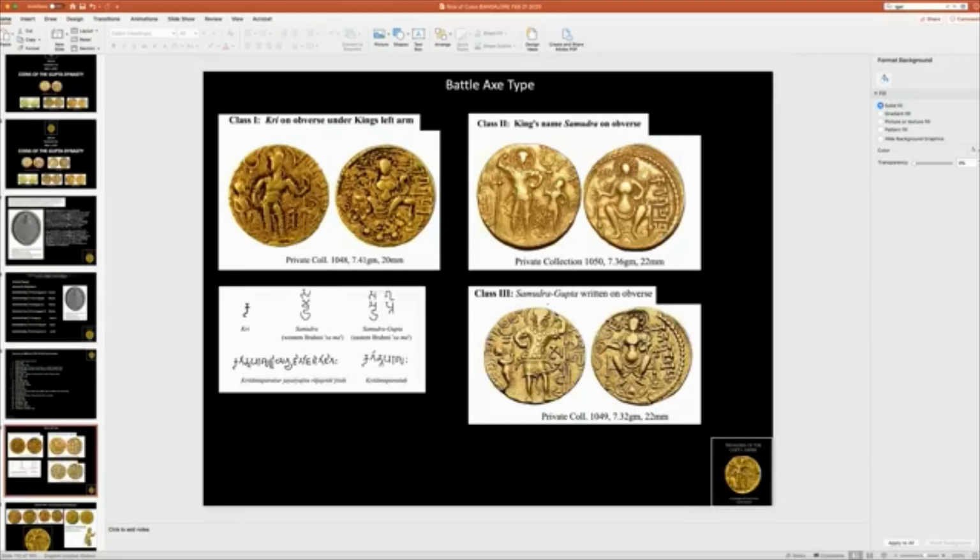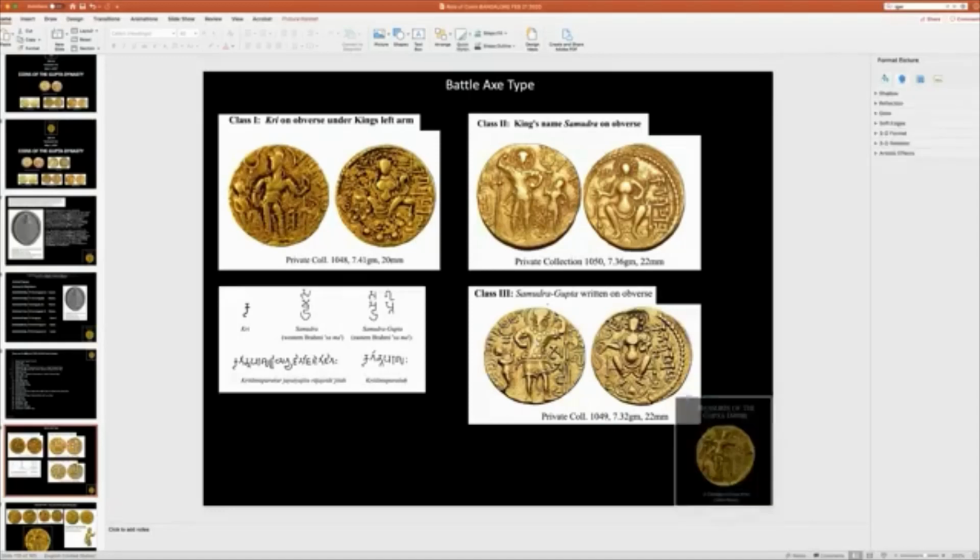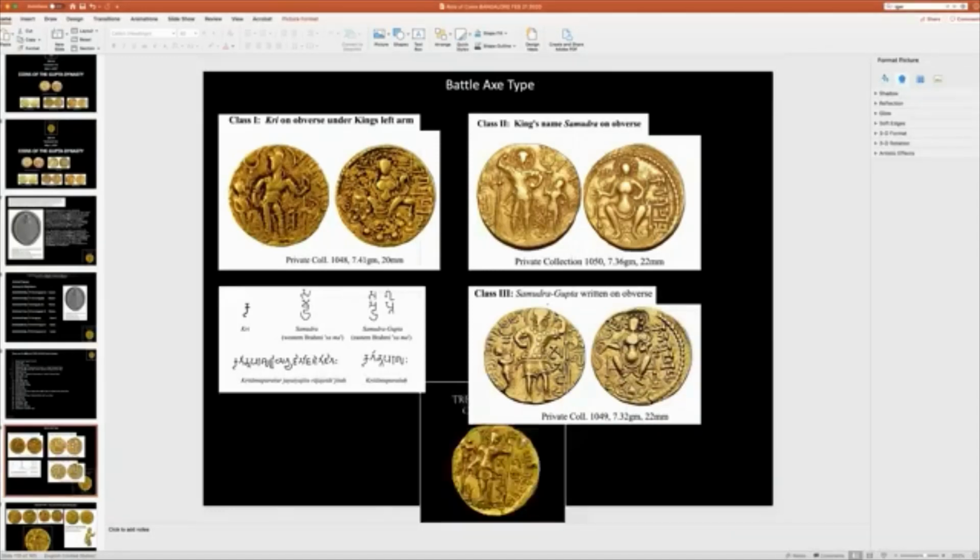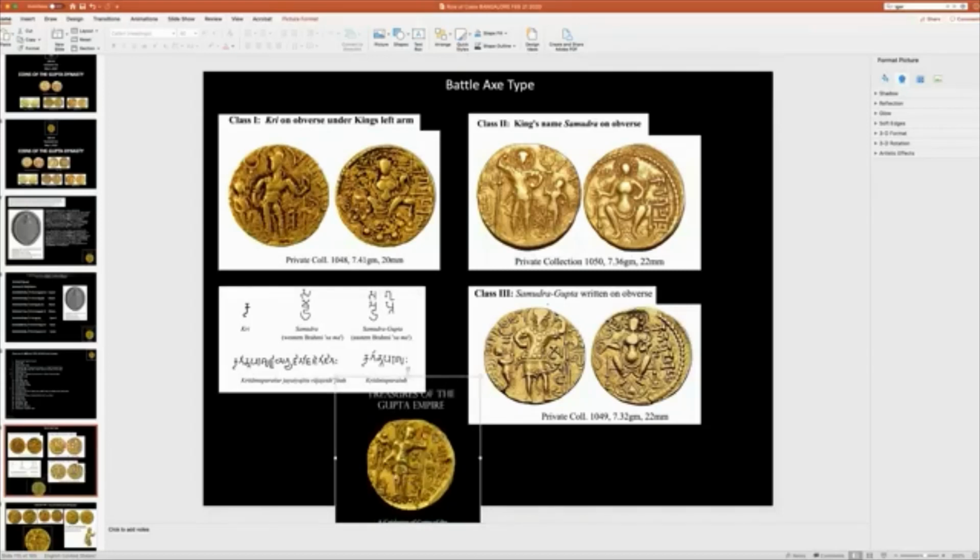Here is another coin of this classic style, which is very similar to the style that you see here in the book, right? Same style, the little short dress here, very, very classic style.